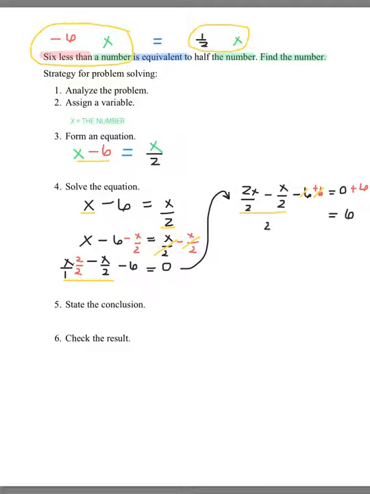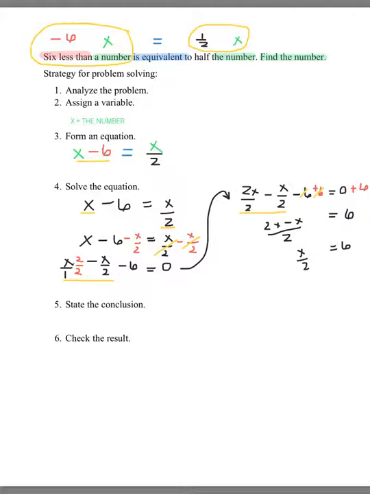So it's going to leave us with 2x minus x over 2. So we have a 2x minus an x, which leaves us with 1x, or just x, in the numerator. And we still have a 2 in the denominator, and that's equal to 6. So what we're left with is x over 2 equals 6.